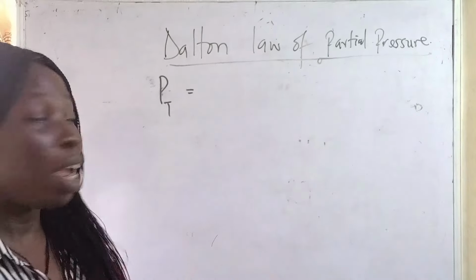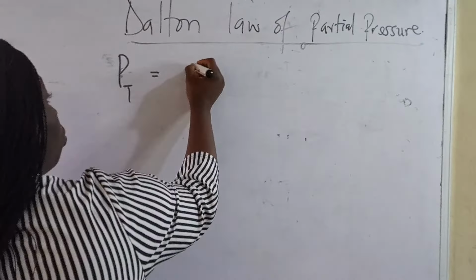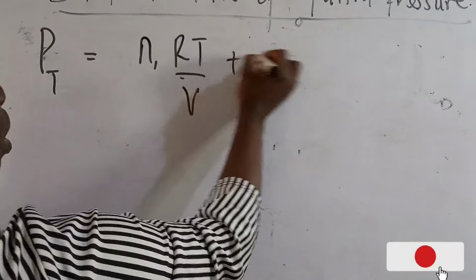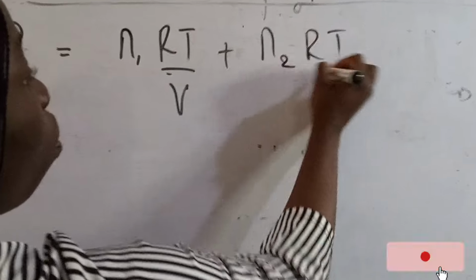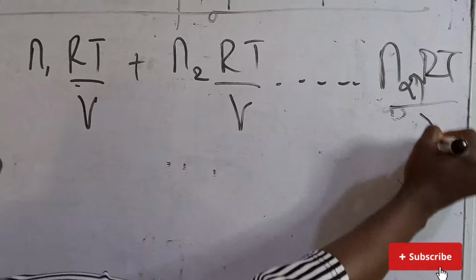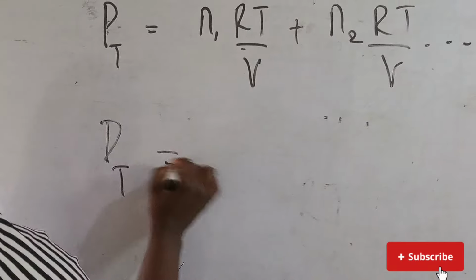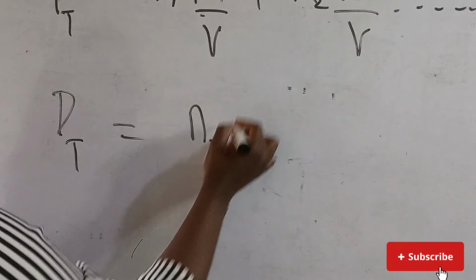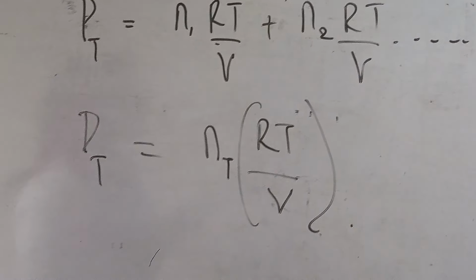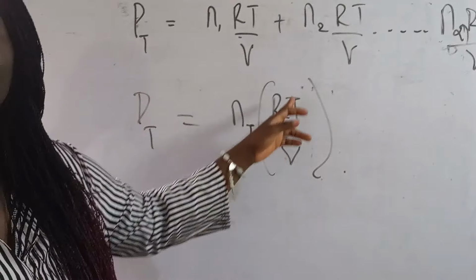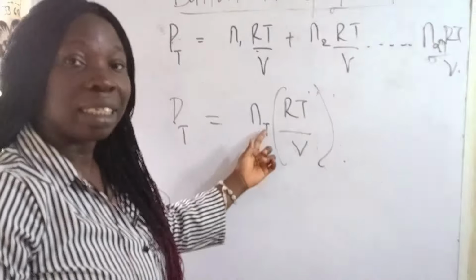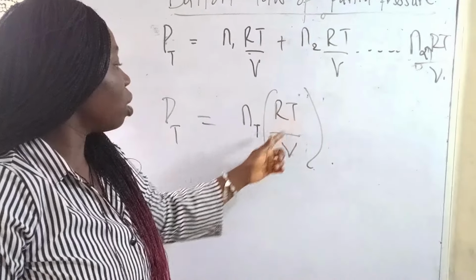So the total pressure will now be PT equals N1 RT over V plus N2 RT over V up to N infinity RT over V. So PT will therefore be N total, in brackets, times RT over V. So at constant volume, constant temperature and molar gas constant, our PT will be equal to NT times R times T all over V.